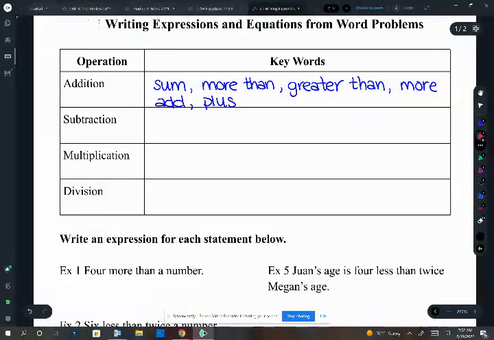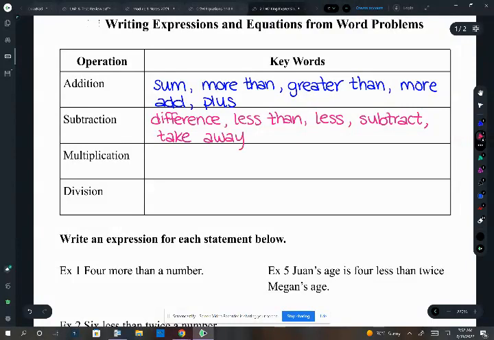For subtraction, we've got difference, less than, less, subtract, take away, and I'm sure there's more, minus.